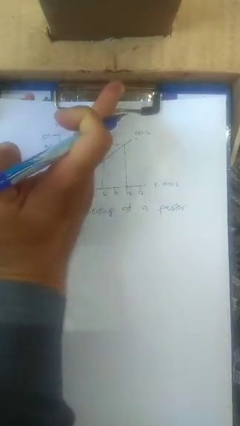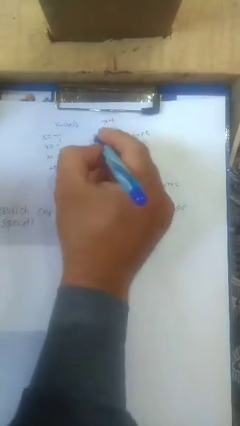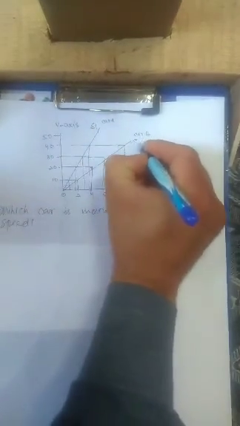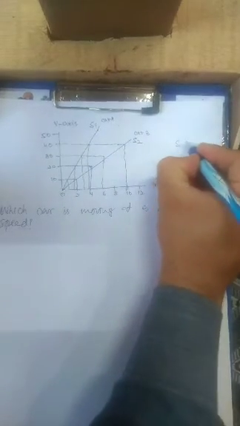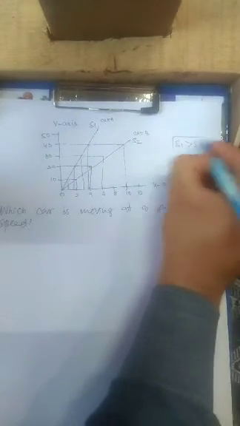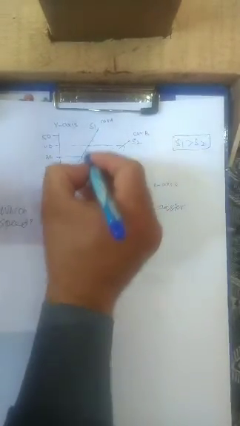The more the steepness, the more the slope. This is steeper than this. So this is slope 1, S1, and this is slope 2, S2. S1 is greater than S2 because it's steeper than this.